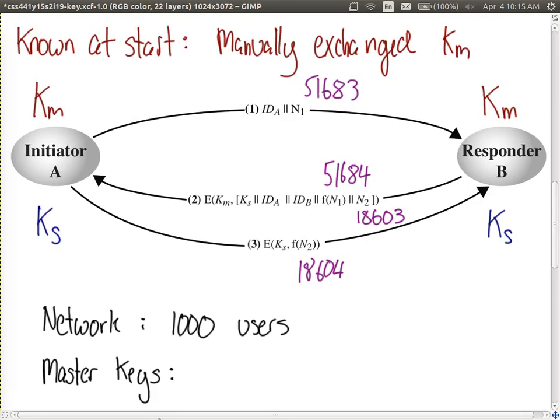How many master keys are needed? What's the equation? This is the exchange between A and B. If we have 1,000 users, we need an exchange between user 1 and 2, user 1 and 3, user 1 and 4, and so on. There are 1,000 users. How many pairs of users are there? 1,000 times 999 divided by 2.